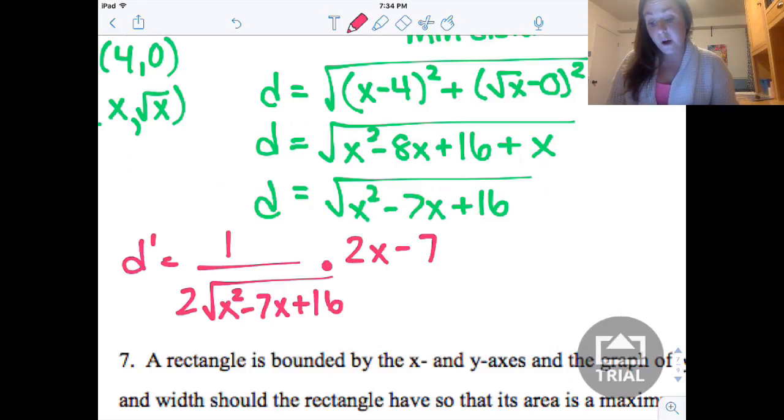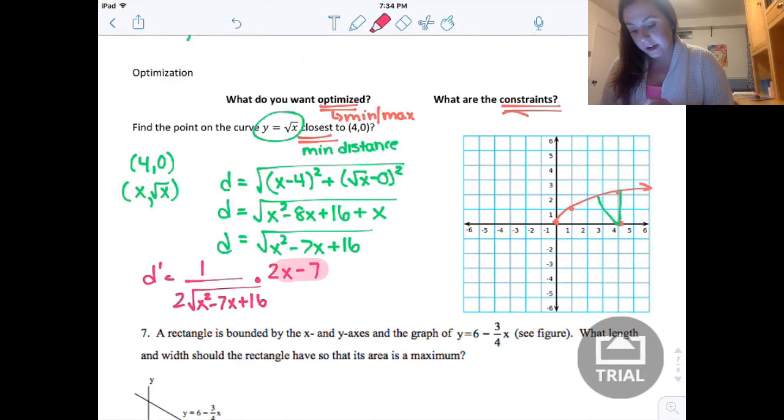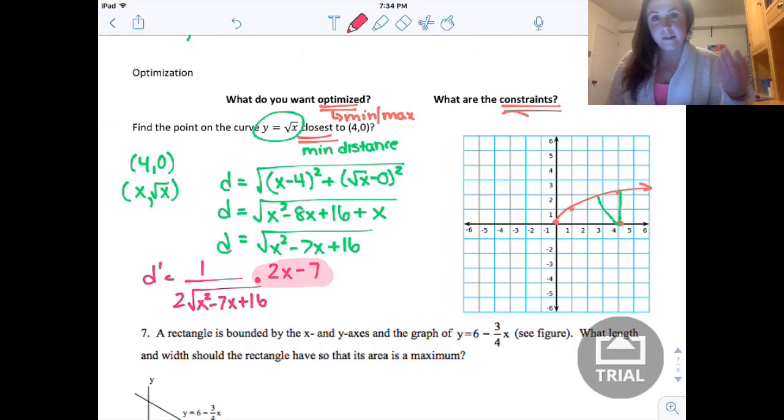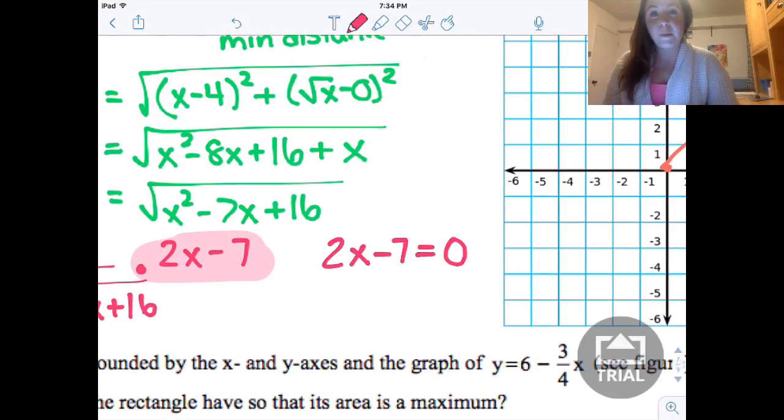So, looking at this, I want to find the critical values of that. I'm going to look at just my numerator here because I know that this is going to have to be a real number. I know it's going to have to be something on my coordinate plane, right? And so I'm going to set this equal to 0. 2x minus 7 equals 0. Because remember, fractions equal 0 when the numerator is 0. So x is going to be 7 over 2, or 3.5.